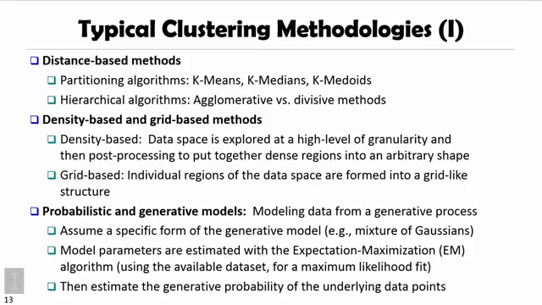Then we can model parameters using an expectation maximization algorithm we are going to introduce. Based on the available data sets, we may try to find the maximum likelihood fit. Based on this fit, we will be able to estimate the generative probability of the underlying data points. And based on this, we may find the models.